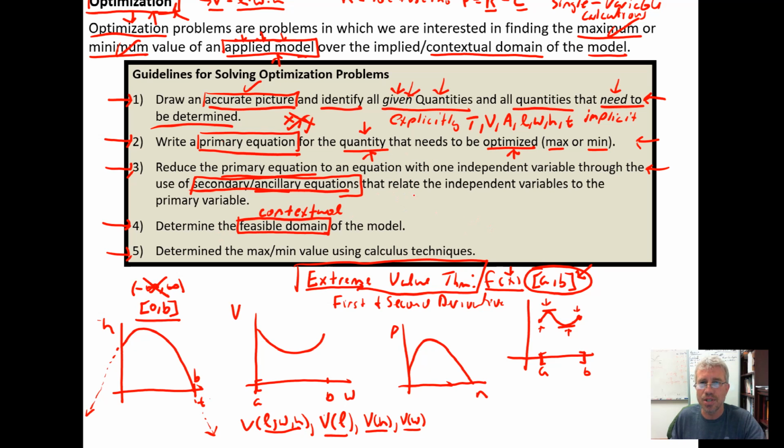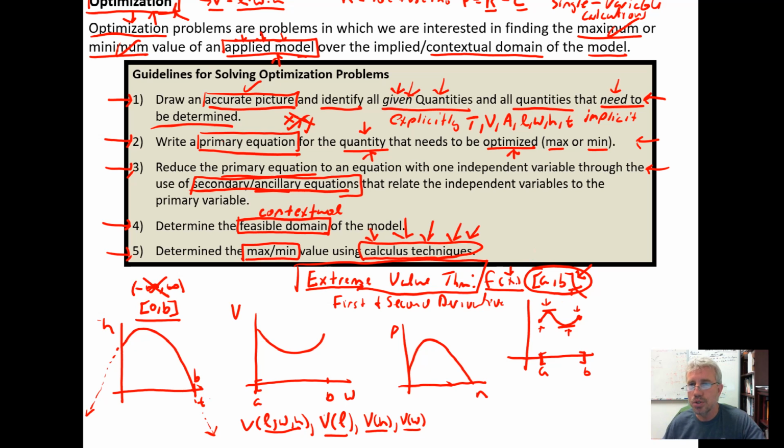Once we've done these steps, then we use calculus techniques and no other technique, because this course is a calculus course. So if you know some other algebraic mechanism for finding a max or min, you don't get to use it, because we're testing calculus techniques in this course. That's why the course is called calculus and not pre-calculus. So you use calculus techniques to determine the max or min over your closed feasible domain.